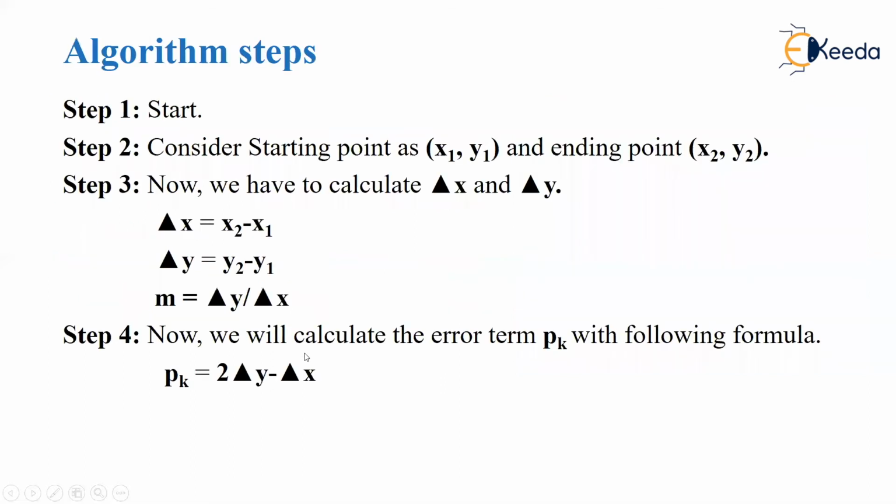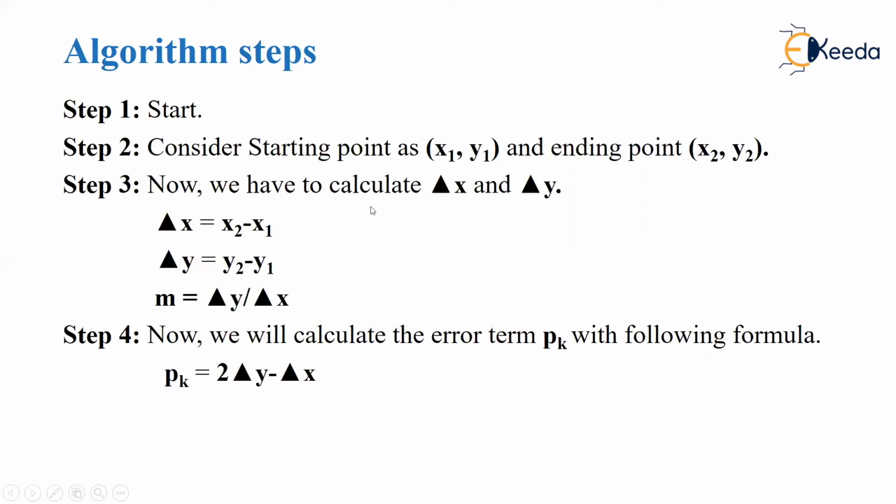Now let's see the algorithm steps. In the first step we start. In the second step we take the input of the starting point and the ending point. Here we have considered the coordinates of the starting point as x1, y1 and the coordinates of the ending point as x2, y2.